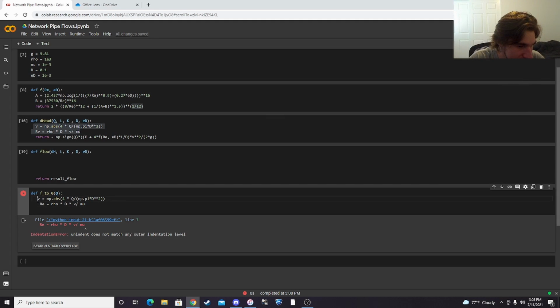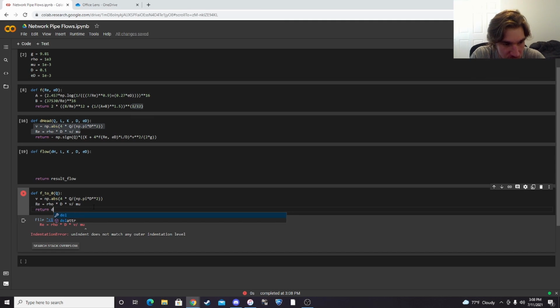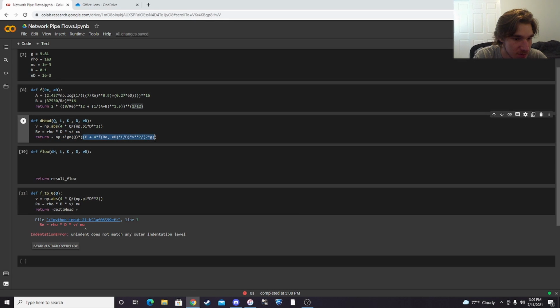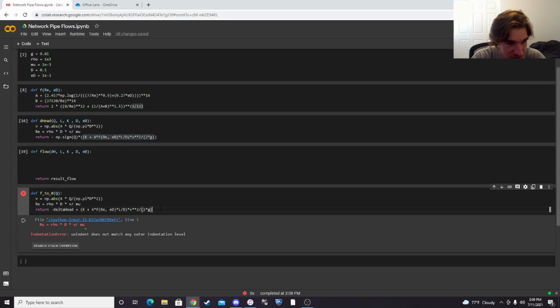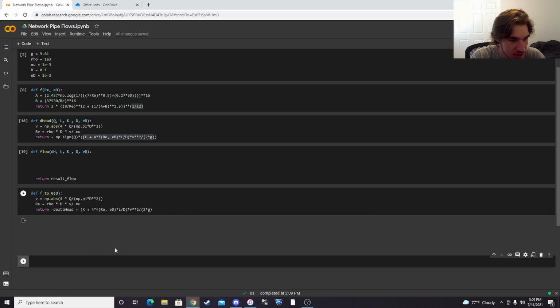Why is it tabbing now? Sure, that works. Okay, and what it is going to return is some delta. We're going to do a negative delta head plus this value right here. You can go ahead and copy and paste this. So given the delta head, and all this stuff is indeed known, it will be able to solve for us.